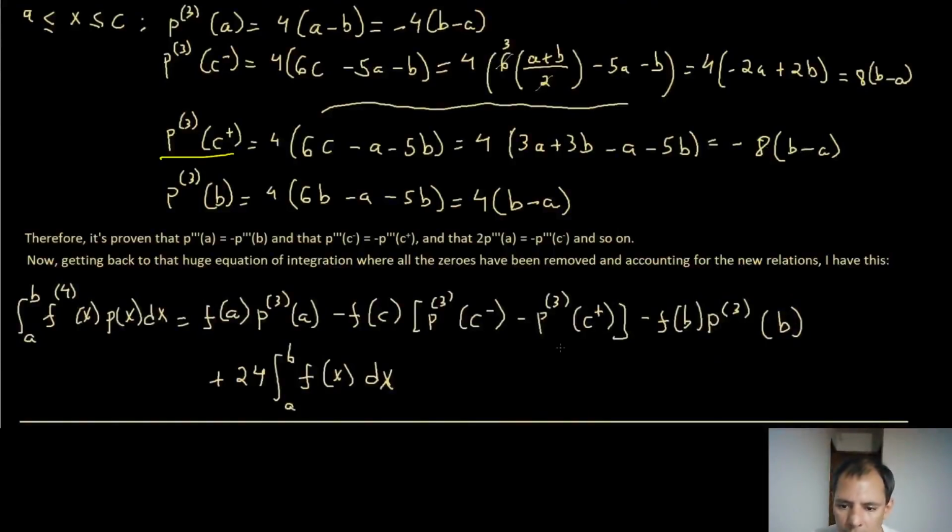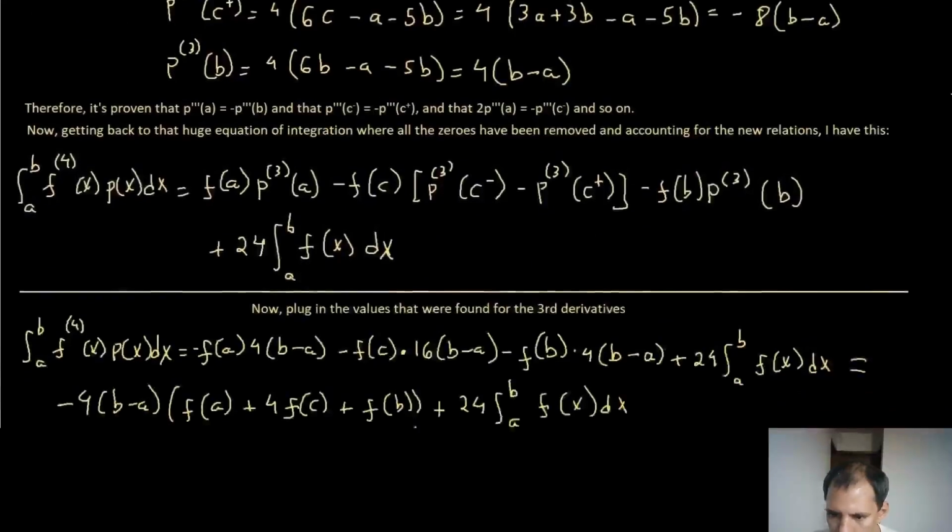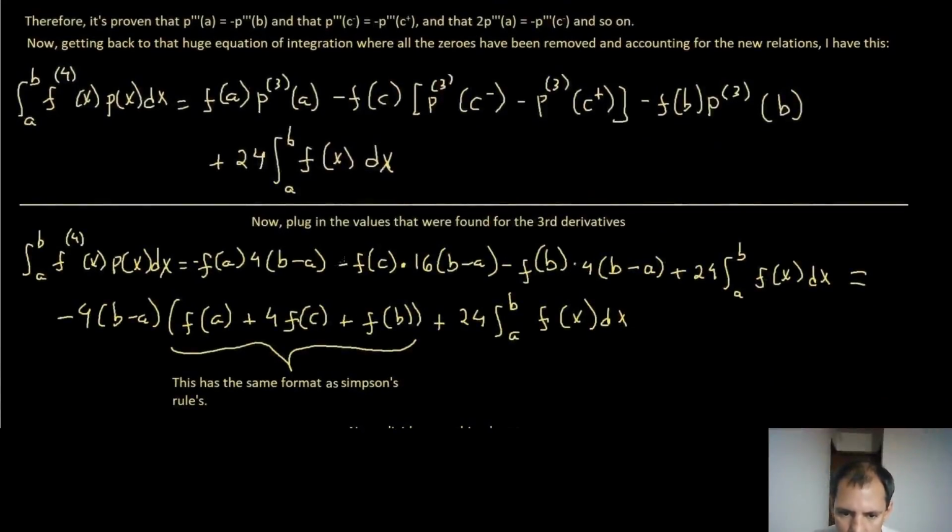Because we're going to plug it in here. So it's going to be 16, right? The whole thing is going to be 16 times b minus a, but because of this minus, it'll be minus 16 times b minus a. So that's what you have in here, and you keep plugging in the things, all right?